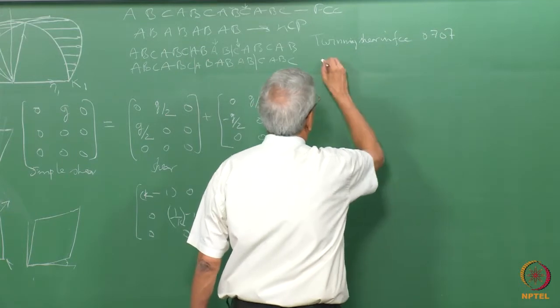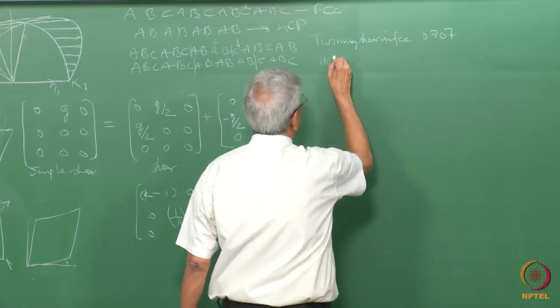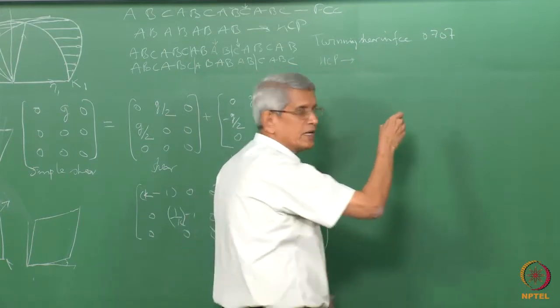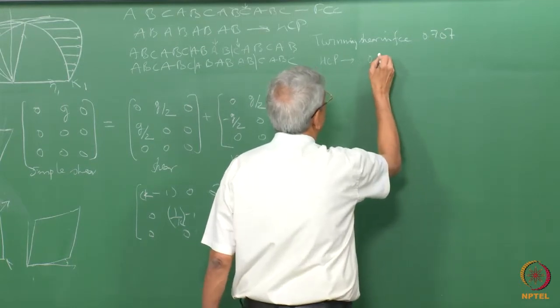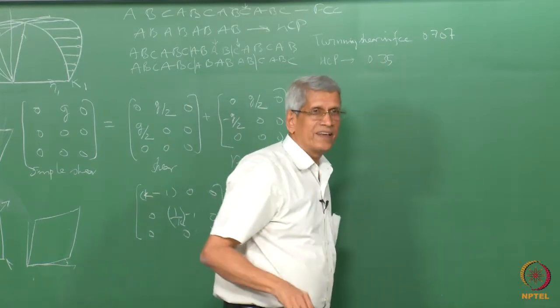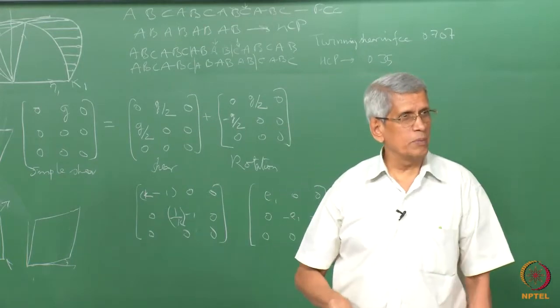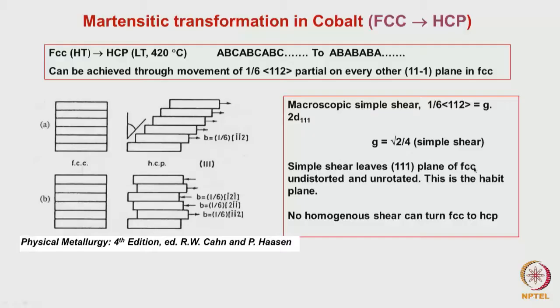For HCP, this should be every alternate layer, which means the shear will turn out to be 0.35, half of that shear. This will be the twinning shear which is required.